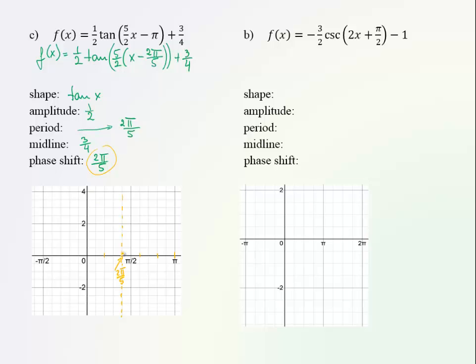So the tangent will be spread in both ways from the central line. How far? Since the period is 2 pi fifth, then we go 1/5 pi to the right and the other 1/5 pi to the left. Therefore, this point is 3 pi fifth and that point is just pi fifth.